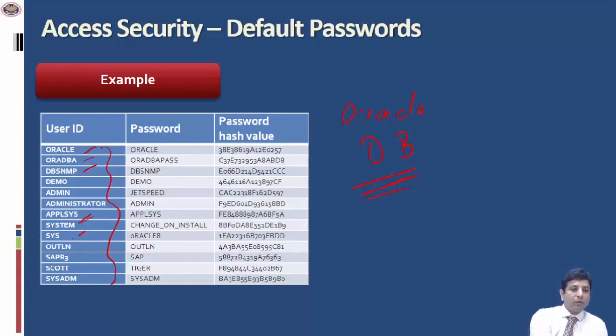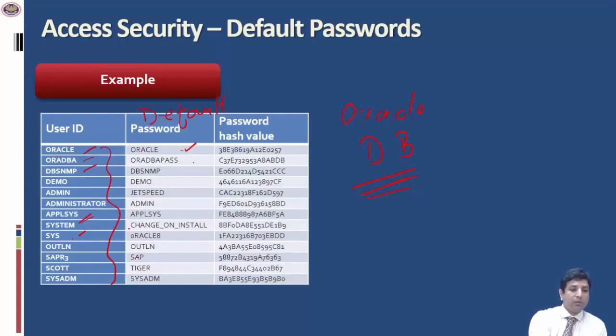So we can see that for all these user IDs, the password is already defined within the system, which is the default password. This is what we call the default password. So for Oracle, the password is Oracle. For Oracle DBA, the password is Oracle DBA pass. And similarly, you can see the password against each of the user IDs.